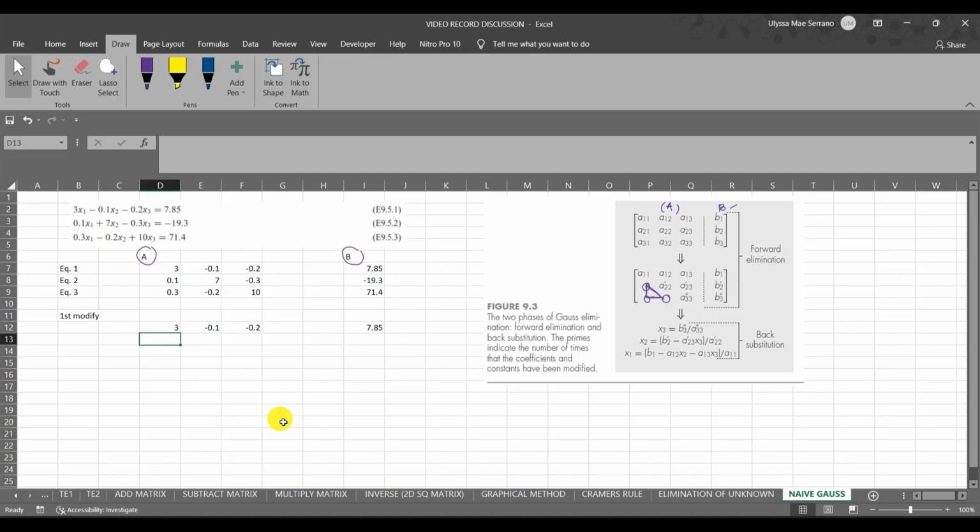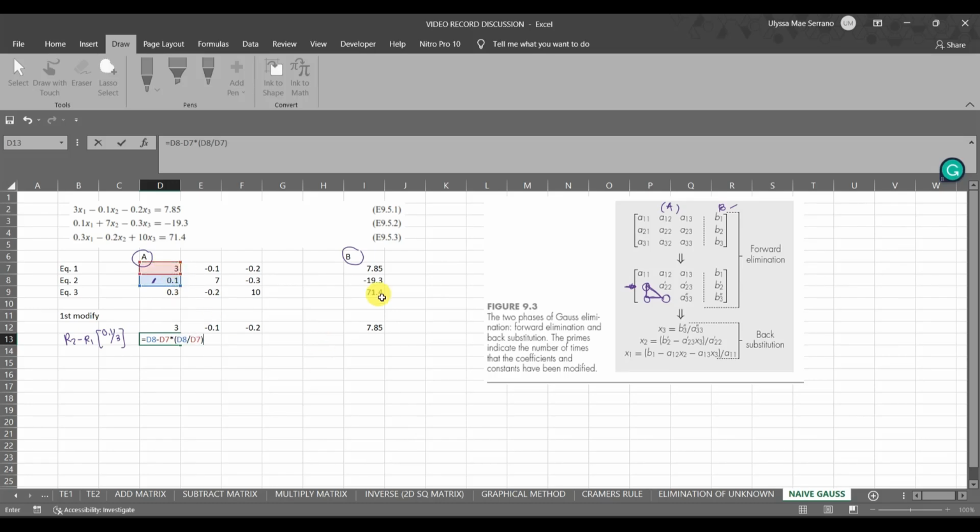And for our elimination process, for the second row, in order to make 0.1 as 0, so row 2 minus row 1 multiplied by 0.1 divided by 3. This is simply row 2 minus row 1 multiplied by 0.1 divided by 3.